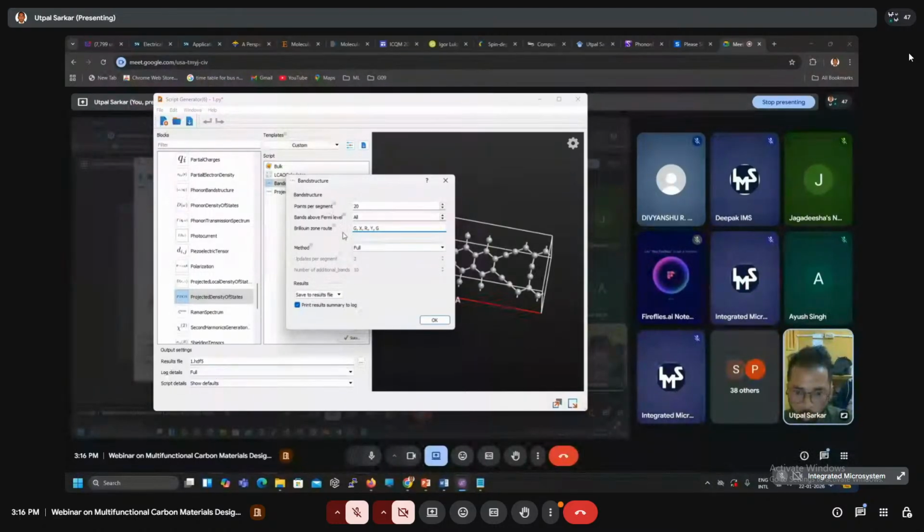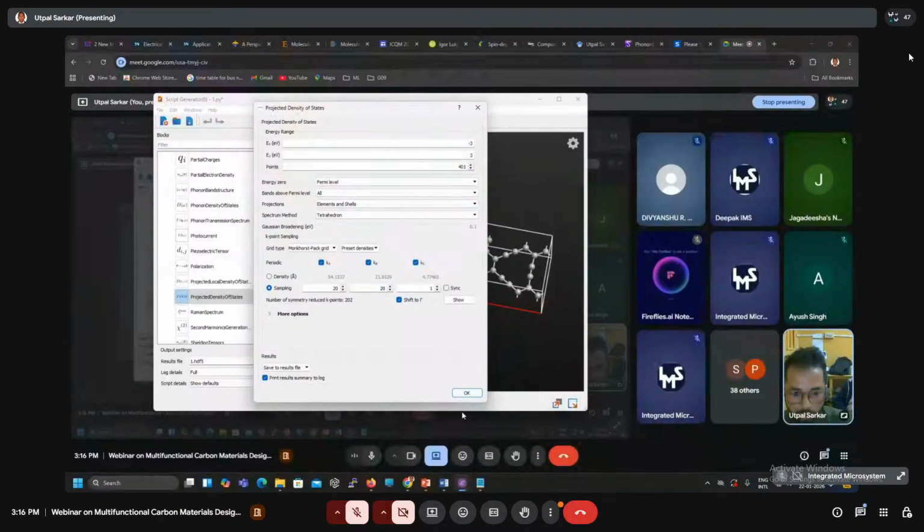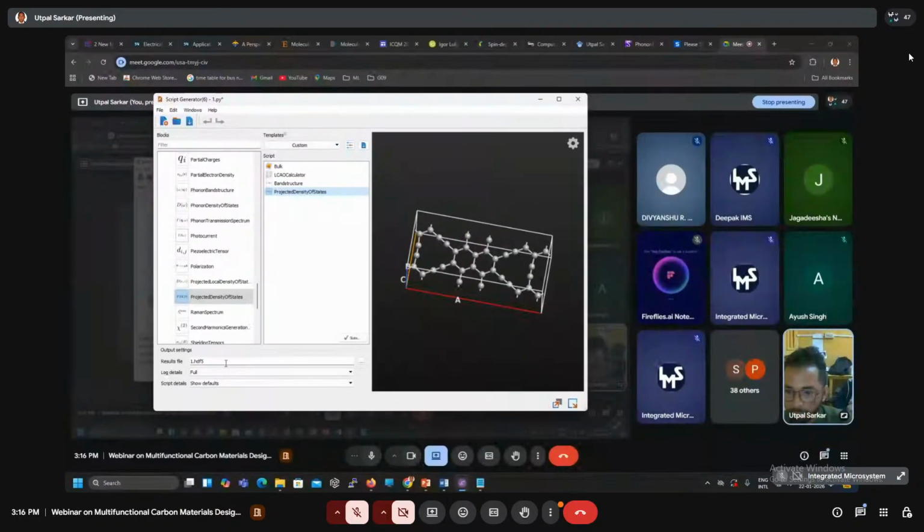So these are all the high symmetry points, and this is the projected density of states. Then we save it as Naphthalene electronic. So our input is ready for electronic properties.